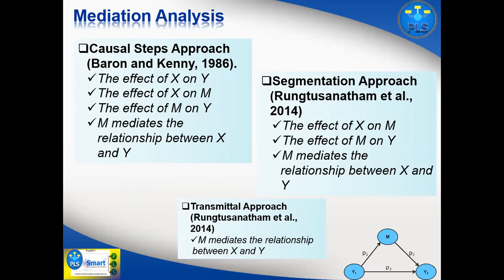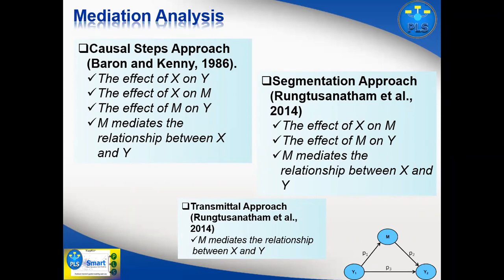The first one is the causal step approach. That is according to Baron and Kenny. What he's saying is that if we want to know whether M mediates the relationship between X and Y, we have to test the effect of X on Y, that is the effect of IV on DV.